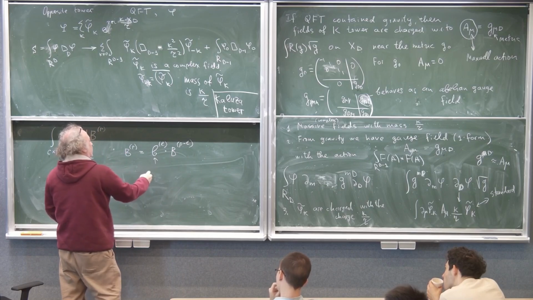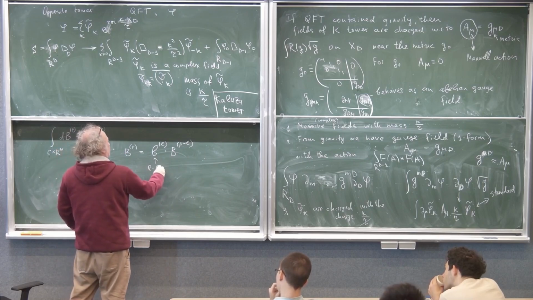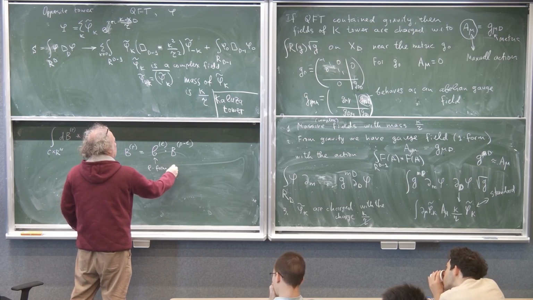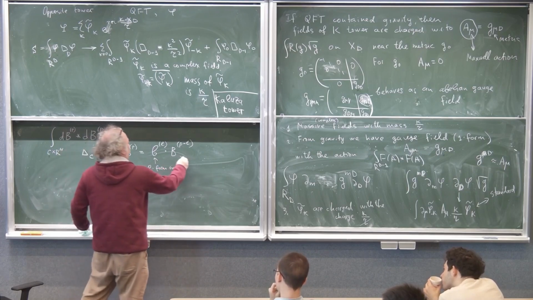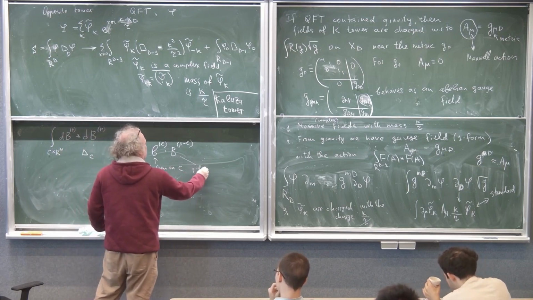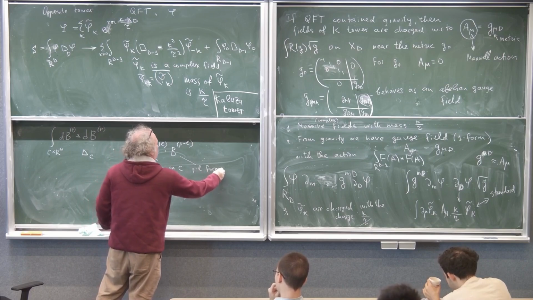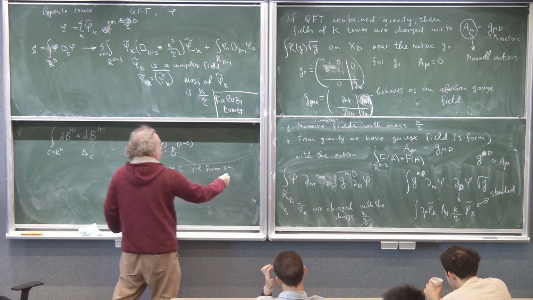So this would be an l-form on C, and this would be a (p-l)-form on R^n.